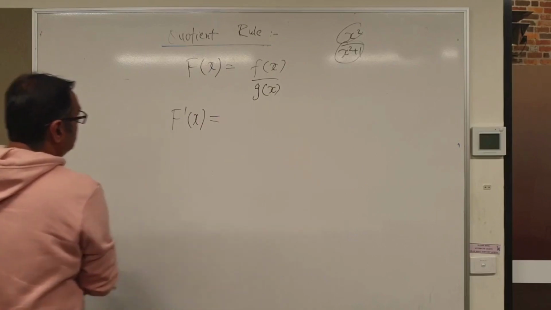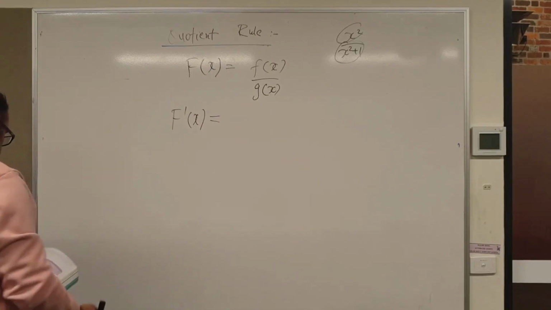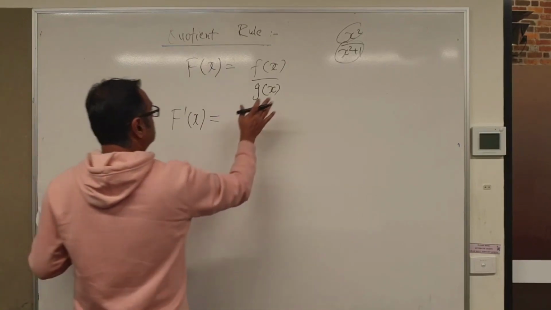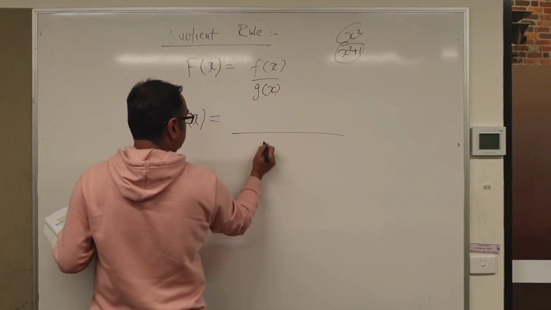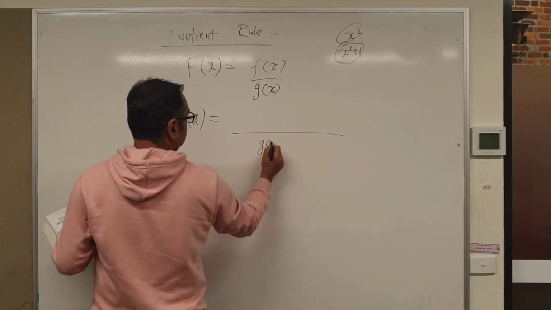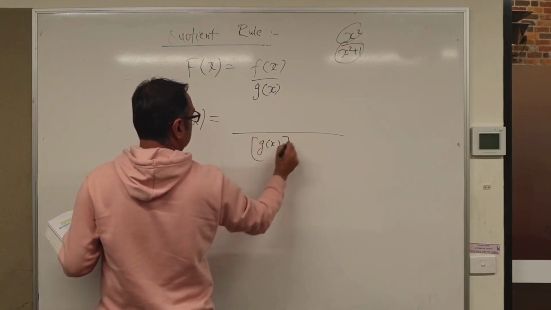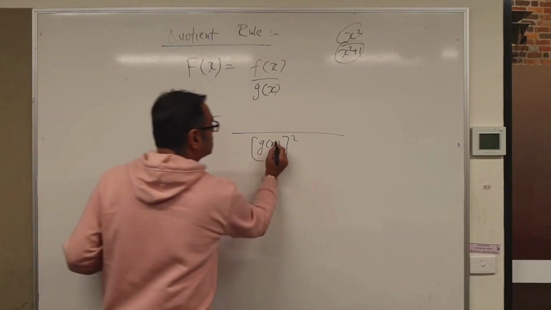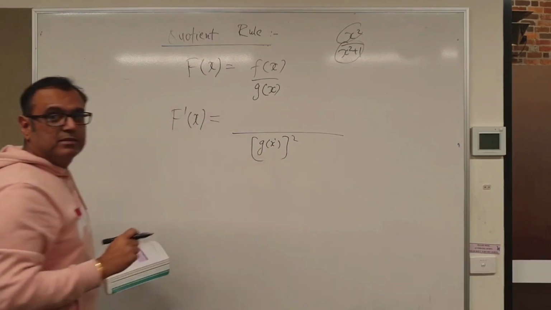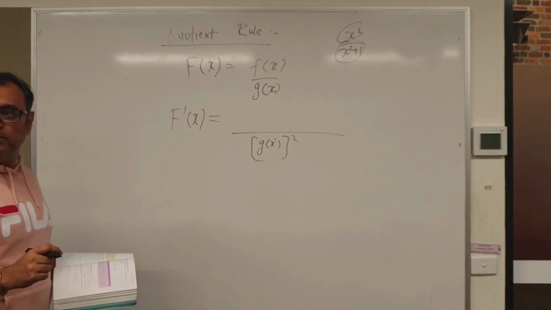It's very, very standard. Just need to remember that. So that will be the bottom function. See, the denominator is always the square of this function. Don't write x square inside. That's a crime to do.